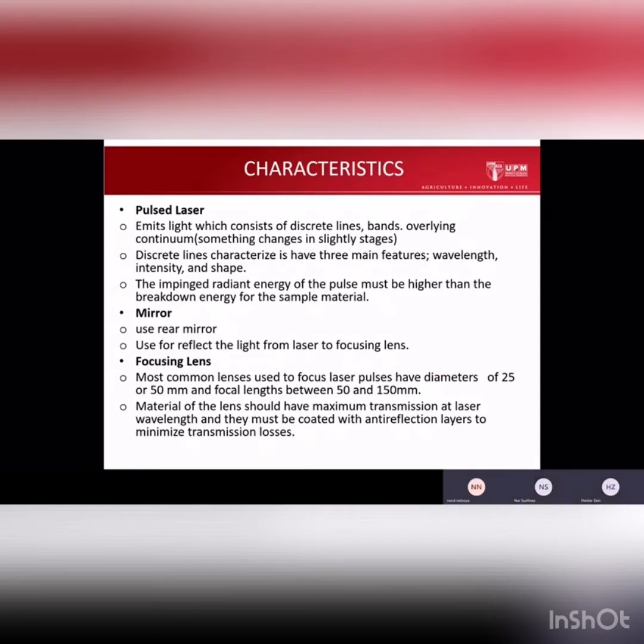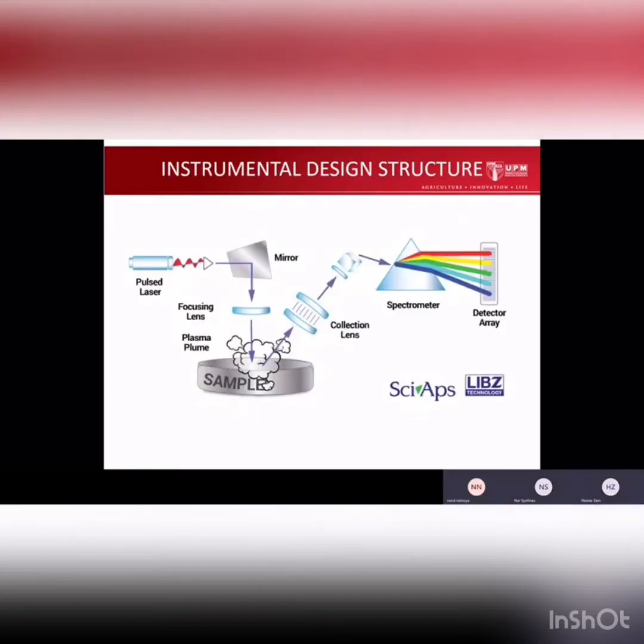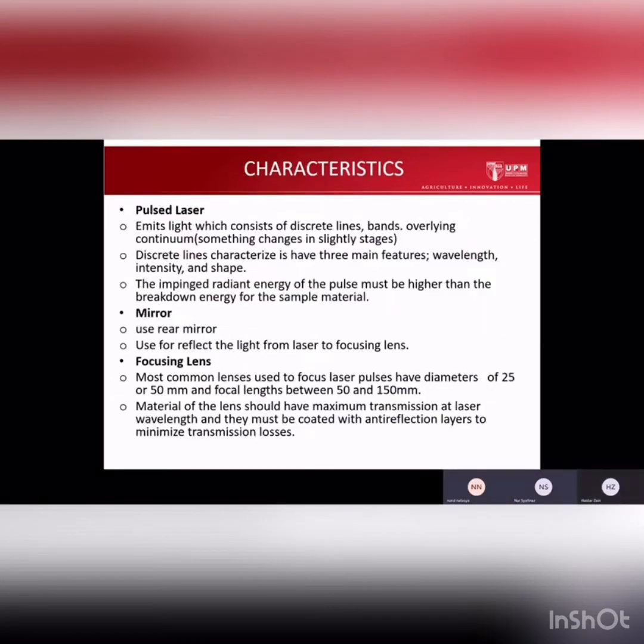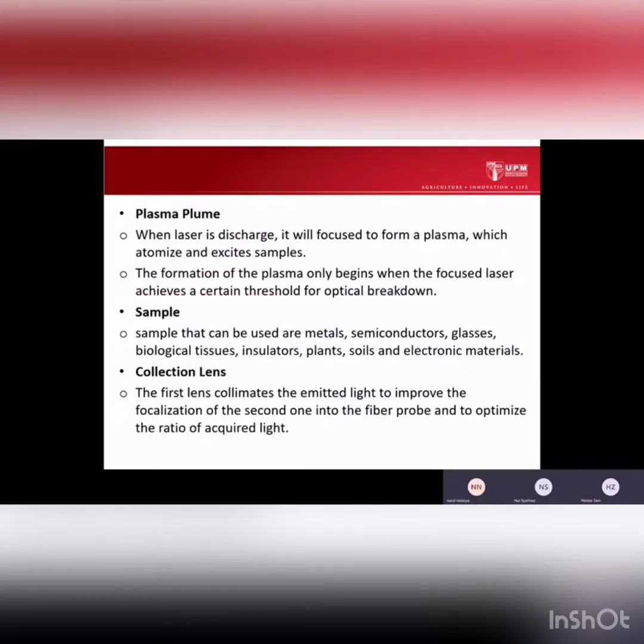Okay, do you guys know why we should use maximum transmission? No, why? Because a laser beam can lose around 80% of its energy passing through a lens. Oh, okay. So next is the plasma plume.